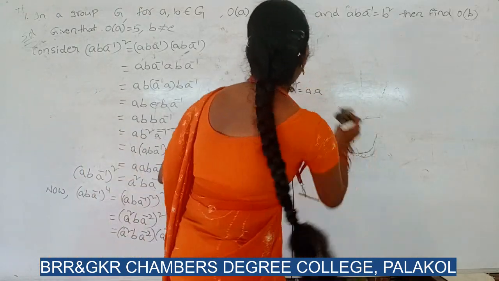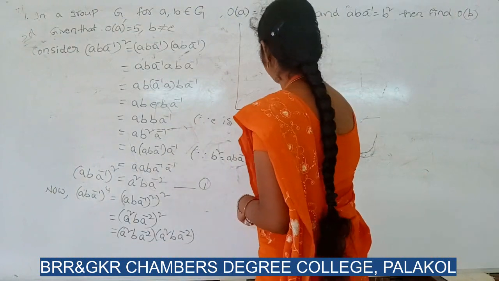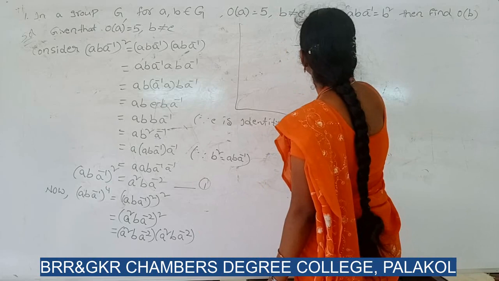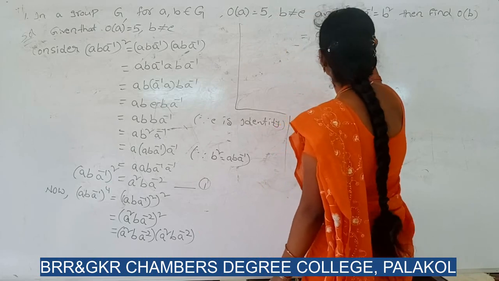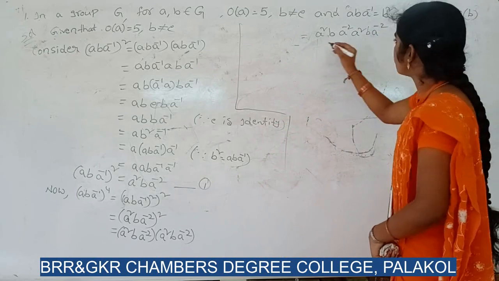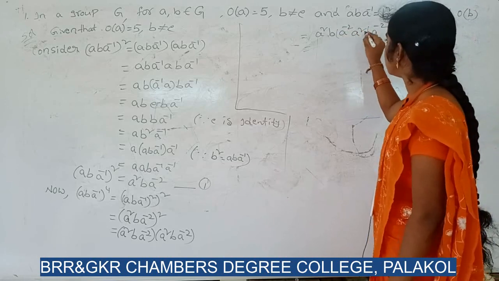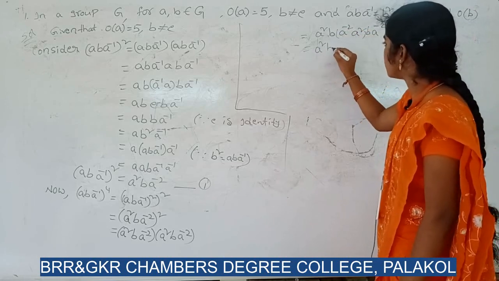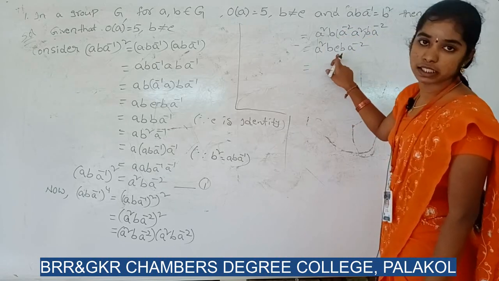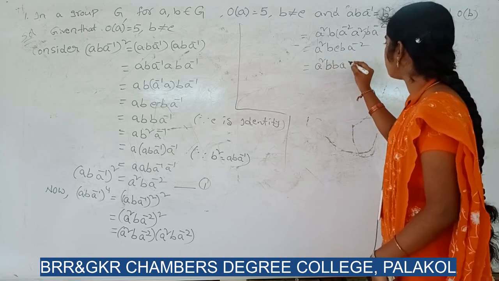So a square b a power minus 2, a square b a power minus 2. Here a power minus 2 into a square value is e, so a square b, e, b a power minus 2, where e is the identity element. So a square b square a power minus 2.